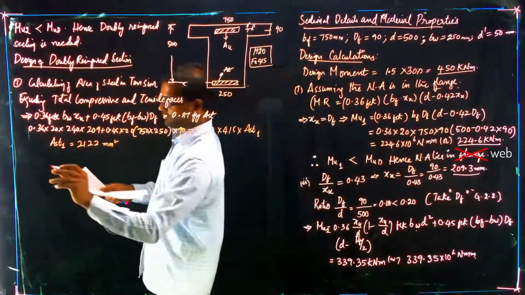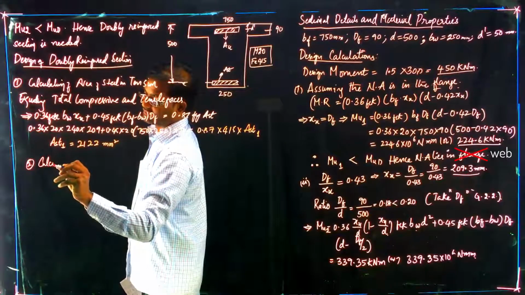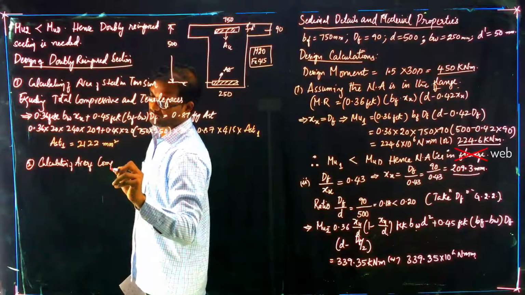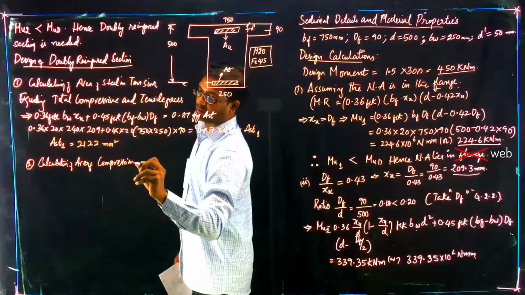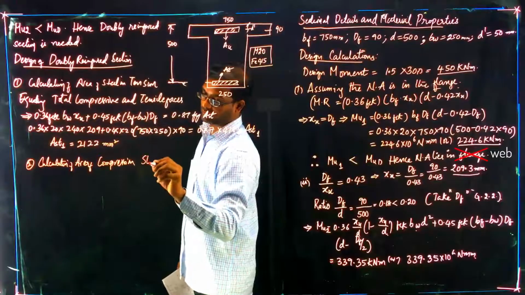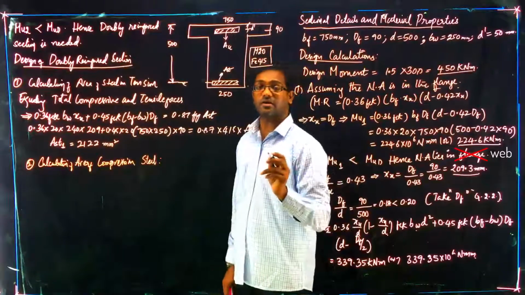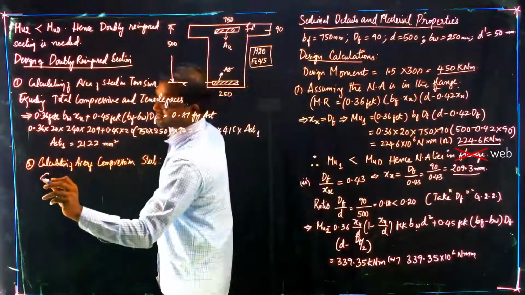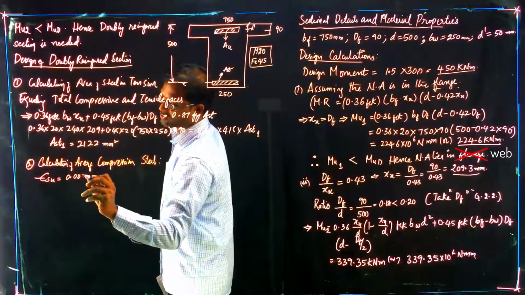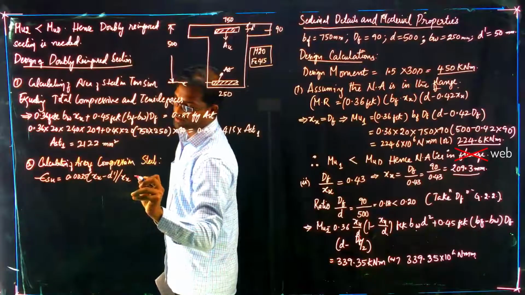now we need to calculate fsc, or calculation of area of compression reinforcement. Area of compression steel can be calculated by calculating fsc. So before doing fsc, we need to calculate the ultimate strain in steel in compression, which is given by 0.0035 into xu minus d dash by xu.